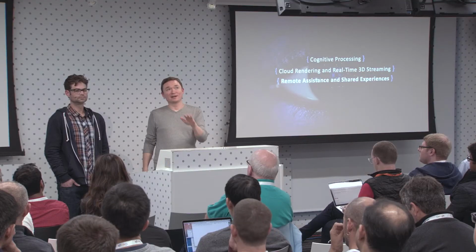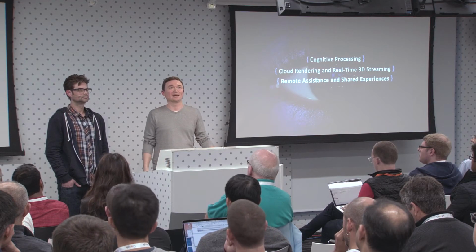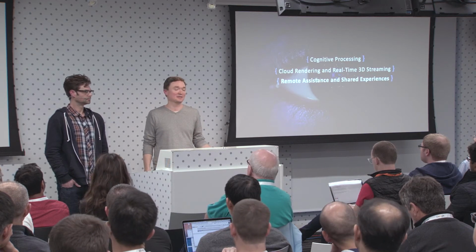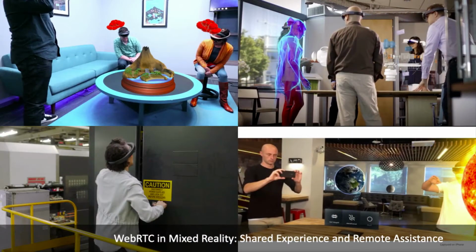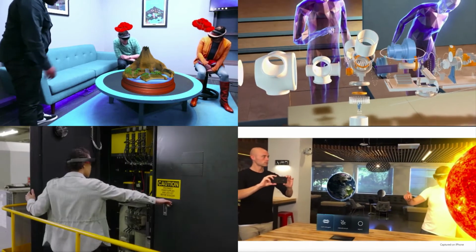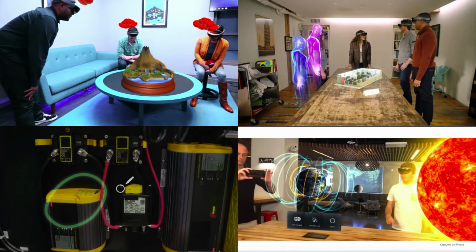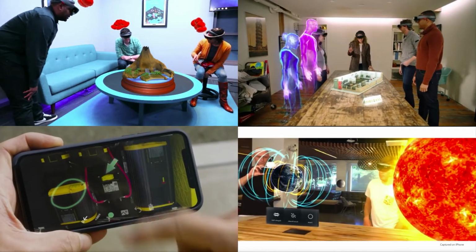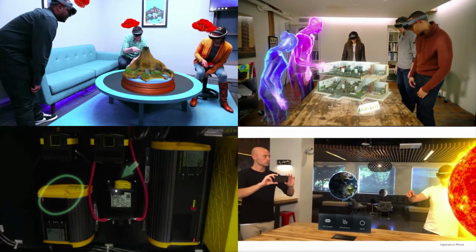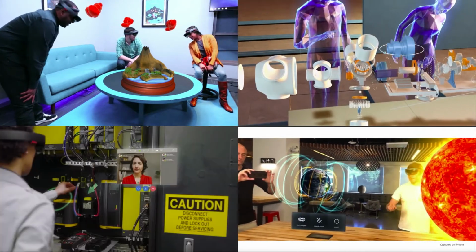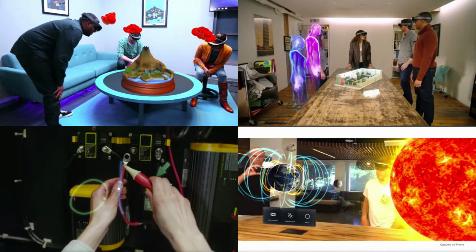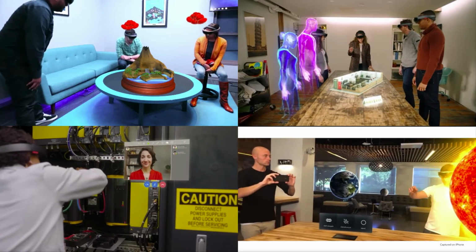But the thing that we want to talk about in detail today is remote assistance and shared experiences, because that's kind of HoloLens specific. And just to give you an idea, because it's not obvious for people not working in that space what those two scenarios are, look at these four videos. Starting from the top left with these little red clouds, this is essentially people wearing HoloLens, and you can think about the camera that is recording them as another HoloLens device.